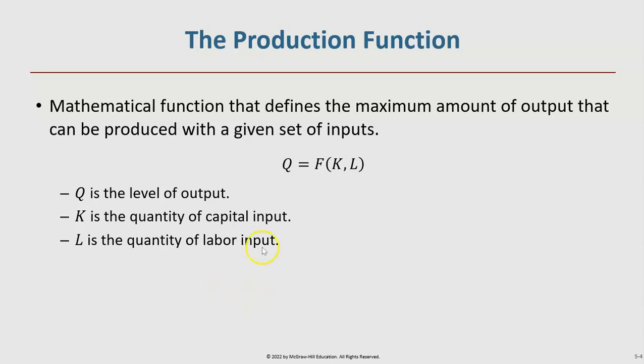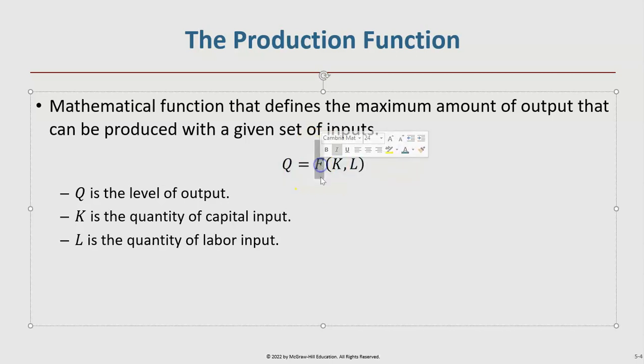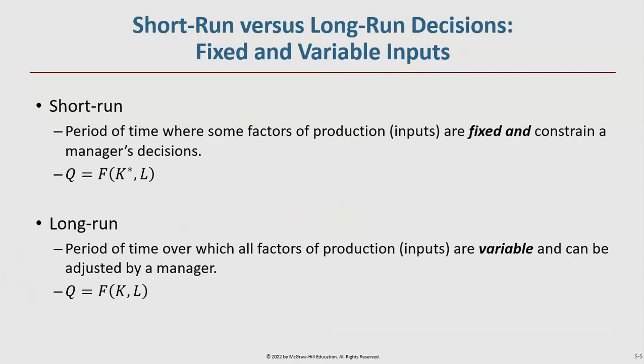Okay, so this shows us Q is the maximum amount of output that can be produced with capital K and labor L. Okay, and the technology is implicit in this functional relationship. In this, there's a short run and a long run production function.